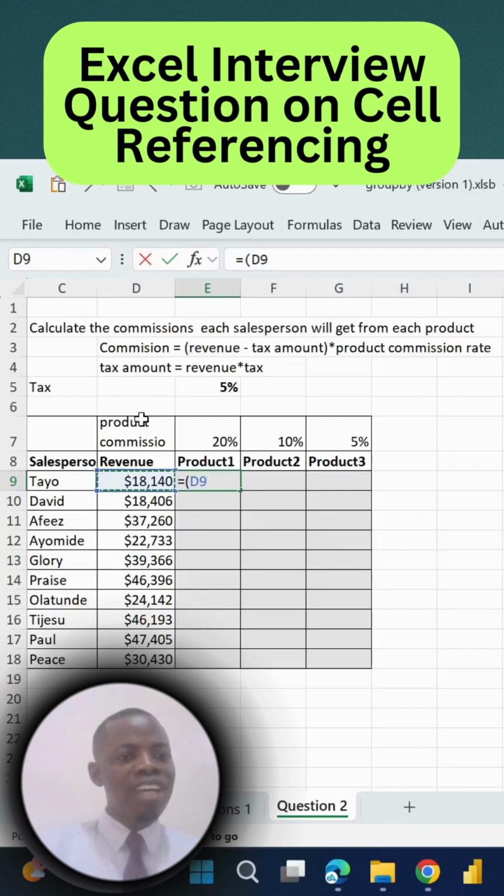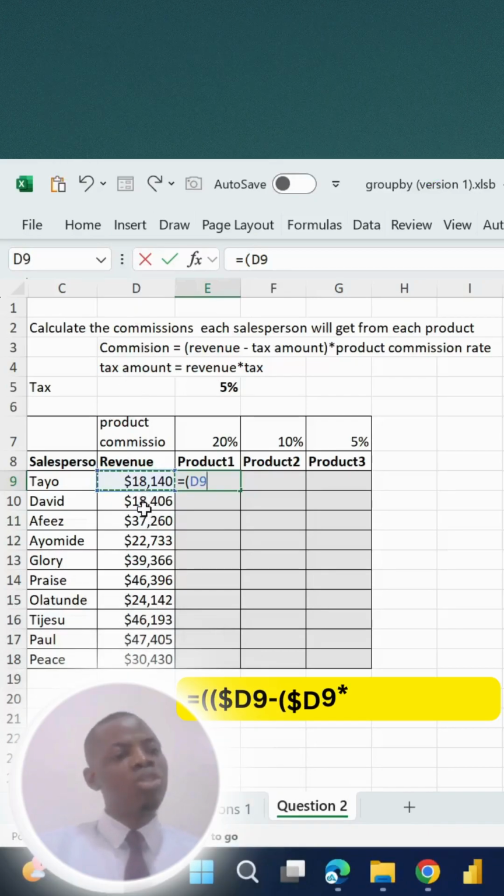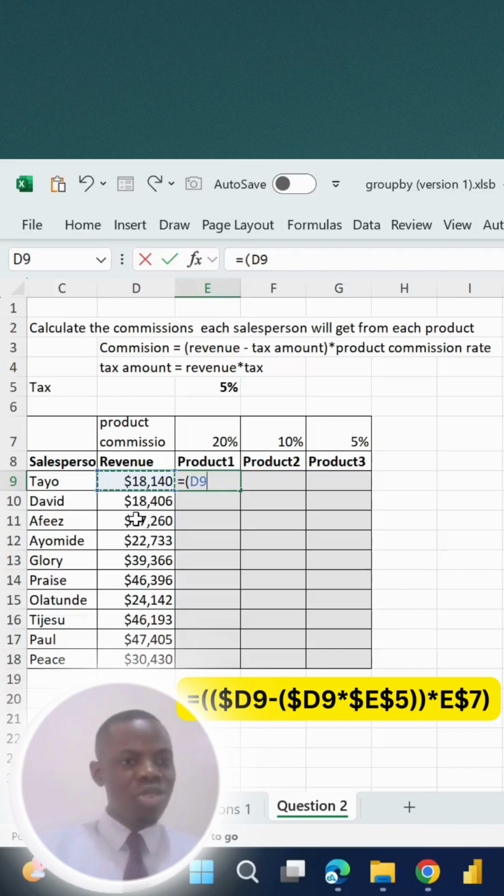The revenue is inside column D. So I want my formula to stay inside column D. Anytime you're referencing revenue, just stay inside column D. But you can be using the relative for the row, but the column should just stay in column D.